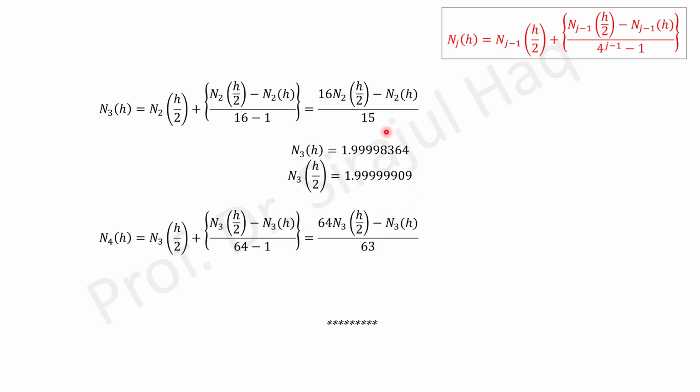N3 of h you have computed here, and N3 of h divided by 2 you have computed there. And when you substitute these values, you got the value of N4 of h, which is given by this quantity. And that is the approximated value of the integration which you had at the beginning.